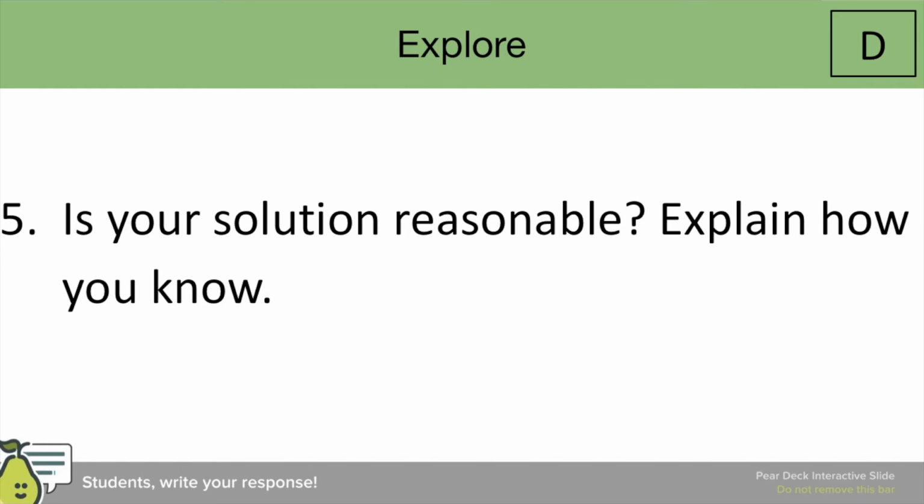Question 5 asks, is your solution reasonable? Explain how you know. A sample response could be, yes, it's reasonable that tickets to the school play would cost somewhere between $0 and $10, and also that the adult tickets would cost more than the student tickets.